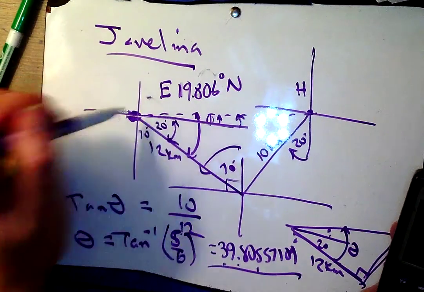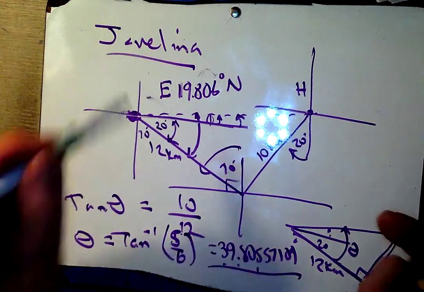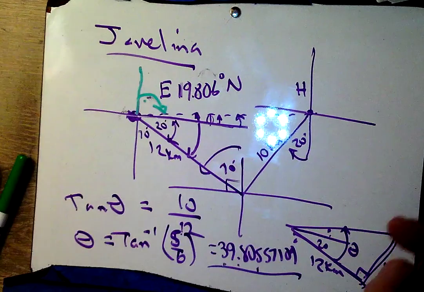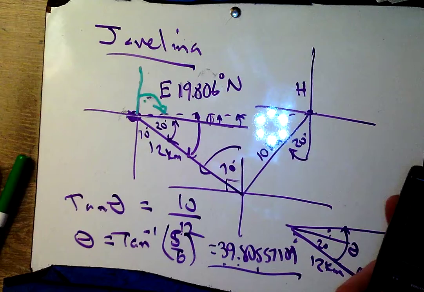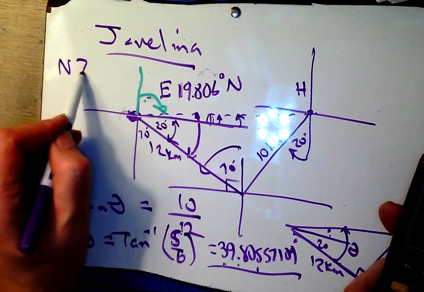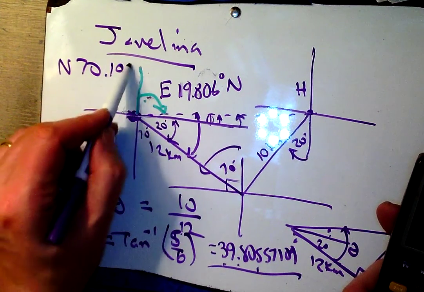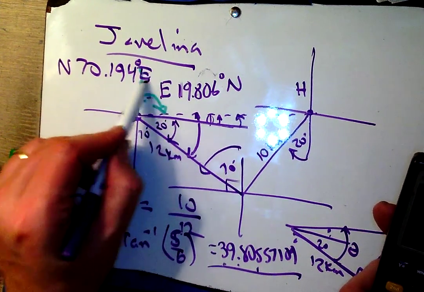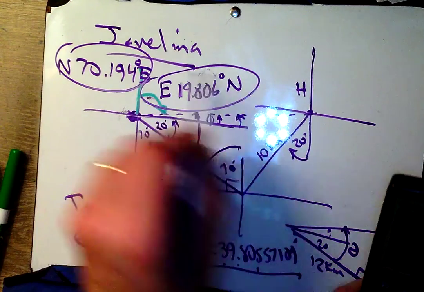If I want to go north and something east, that's going to be 90 minus that, and so we would have north 70.194 degrees east. So either of these answers would be correct.